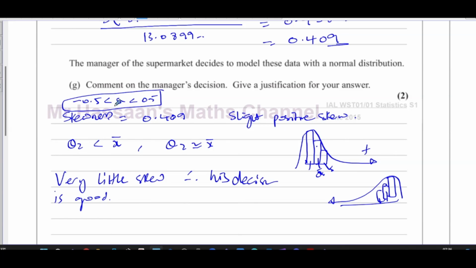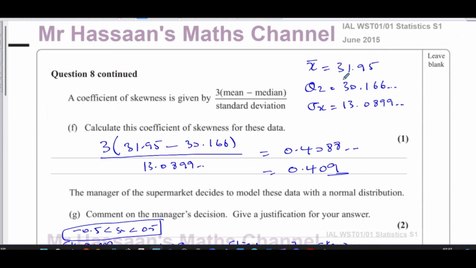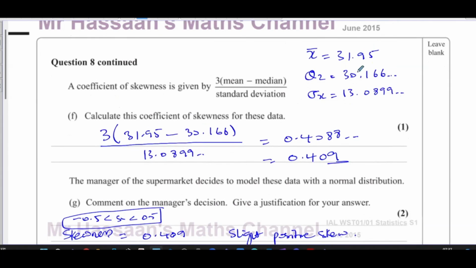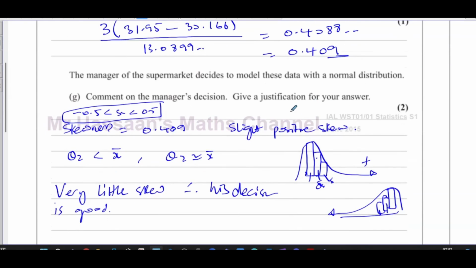That's something you can bear in mind. And just by looking at the time in minutes, it's a two minute difference. It's not really that much if you consider we're talking about half an hour. So we can say that there's very little skew, so his decision is good.